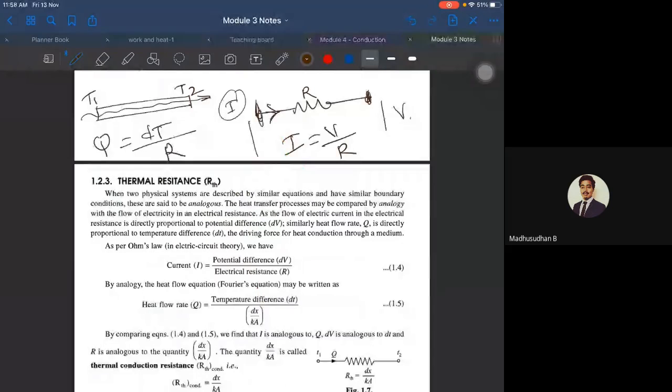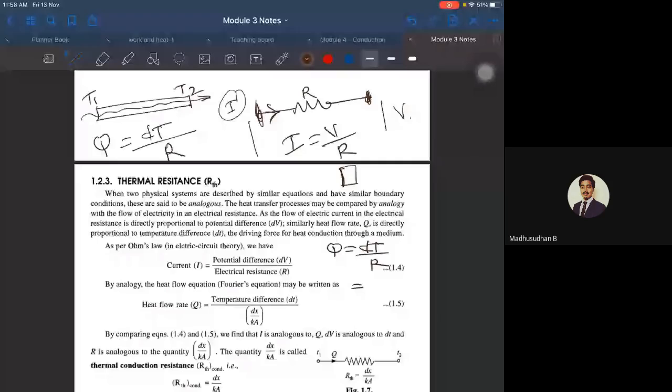Okay, so in this analogy, you have Q is equal to dT divided by R. dT is nothing but the temperature difference. For a plane solid, your resistance value is L divided by kA. You have to remember this.